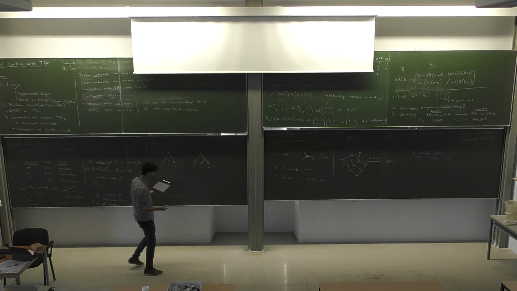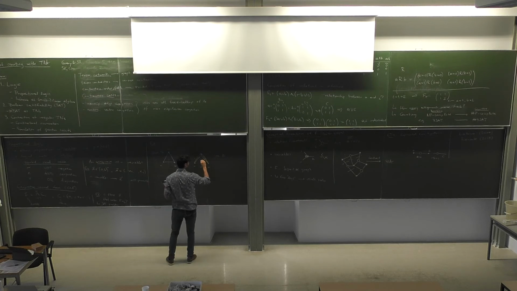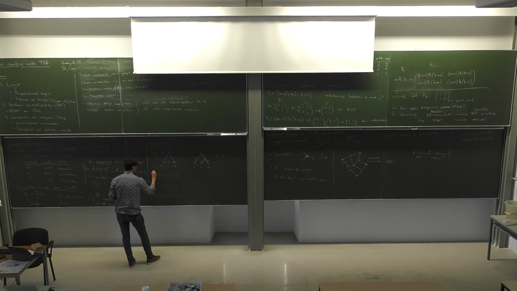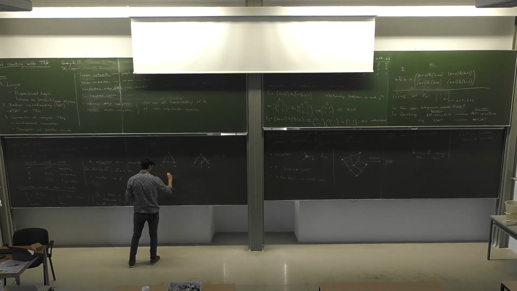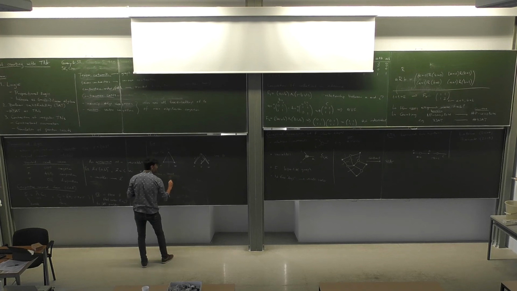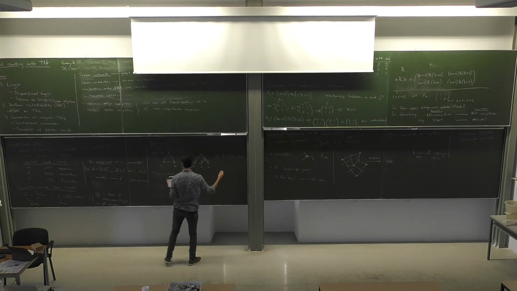And now what is congestion? So you see this tree has 4 edges: 1, 2, 3, 4. Edge congestion is the following. B is a graph also, so it has a vertex set and an edge set.